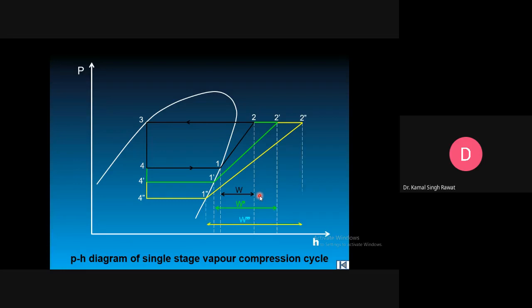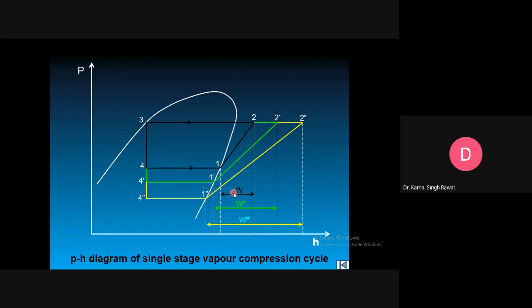When our cycle is 1, 2, 3, 4, 1, our compression work is W. When we decrease our evaporator temperature, our new cycle is 1 dash, 2 dash, 3, 4 dash, and our compression work is W dash, which is higher than W. And if we further reduce the evaporator pressure or temperature, our work is further increased.